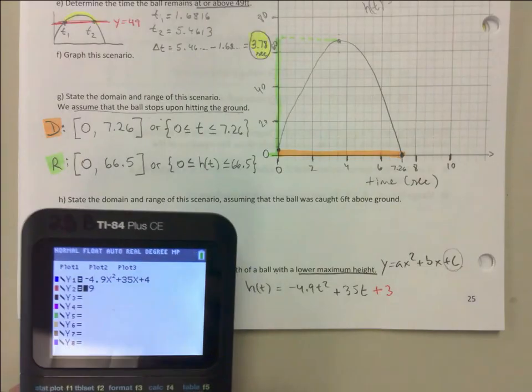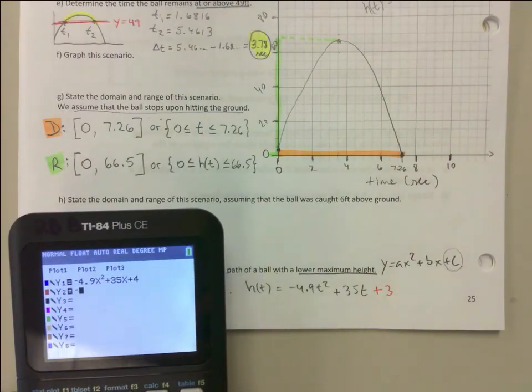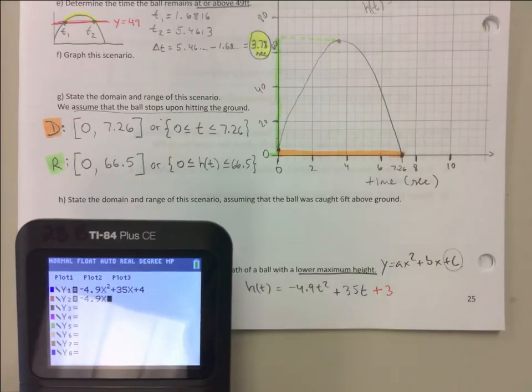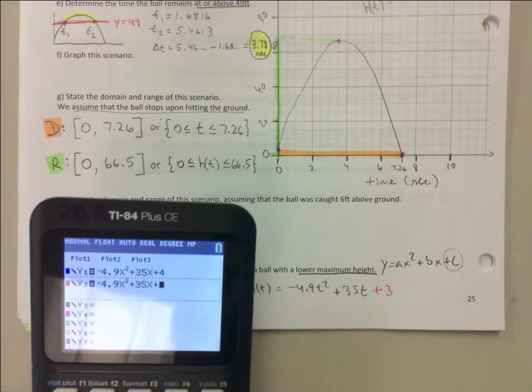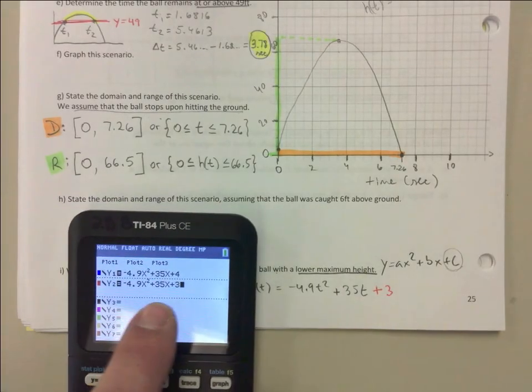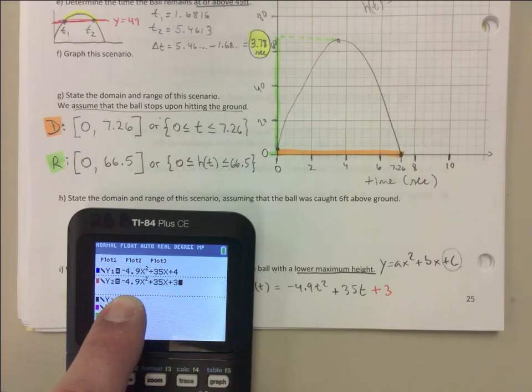And if you're not sure, use your calculator to help you out. So for example, I'm going to type this in, and I'm going to go plus 3 here on my second. I'm going to graph them both at the same time.